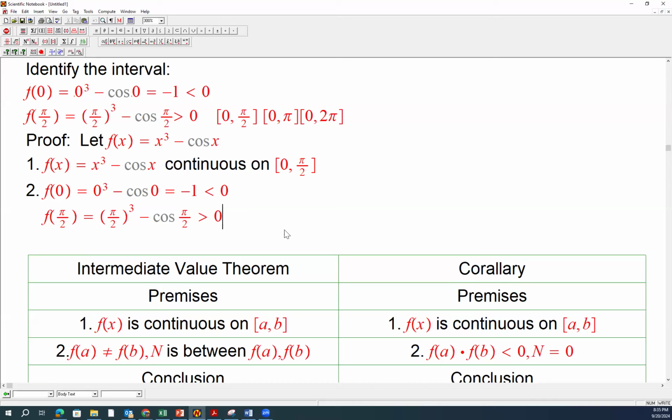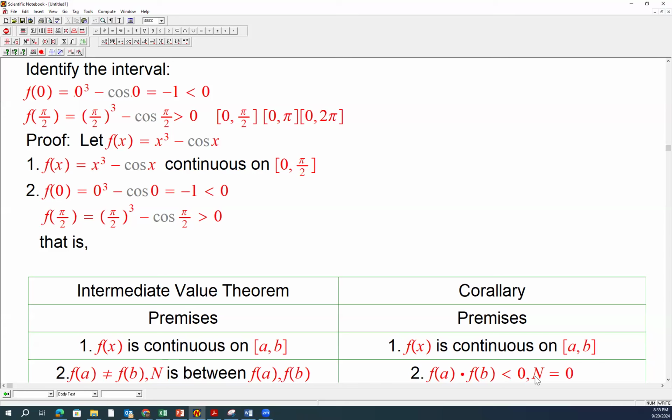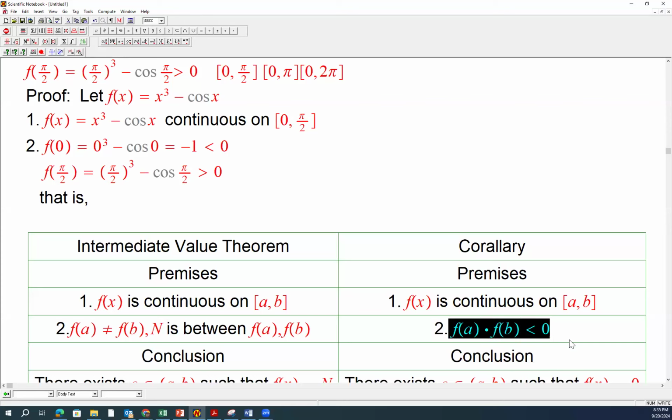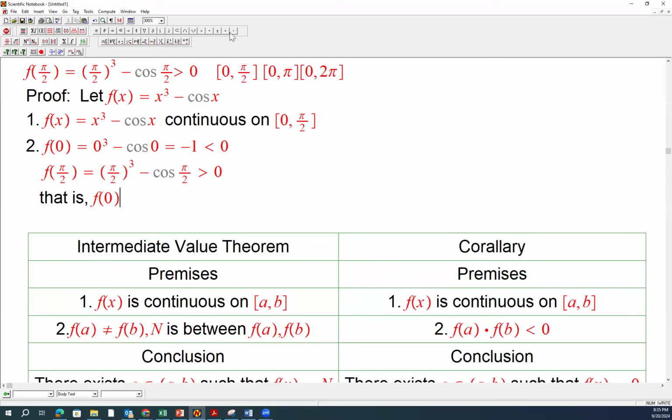Some of you like to point out explicitly that N equals 0, but actually you don't need to mention that. You just want to point out that f of a and f of b are opposite, as stated in the corollary. No problem. That's even better.